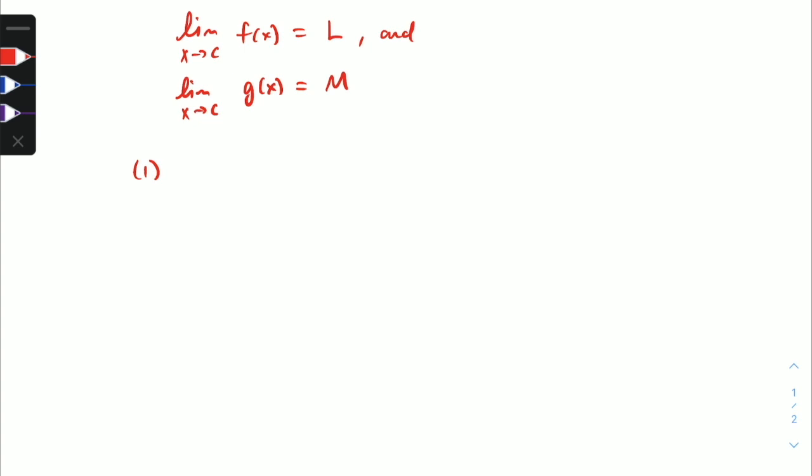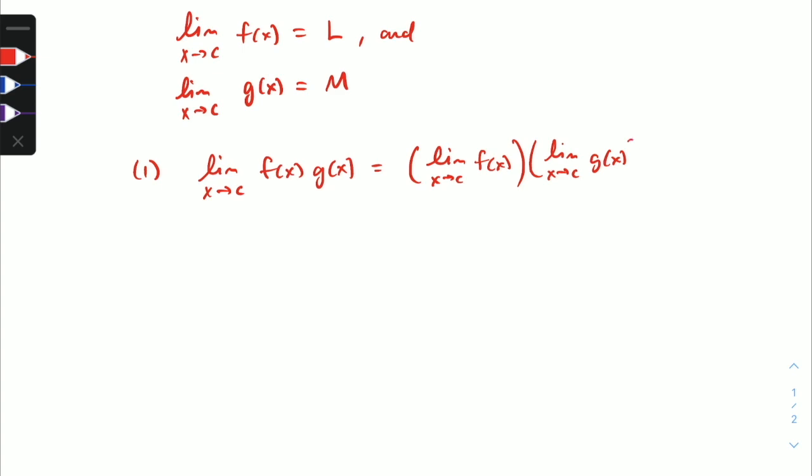6 properties. The first is the limit of the product of f and g is going to be the product of the limits, which is just L times M. Secondly, we're going to have the limit as x goes to c of f of x plus or minus g of x.